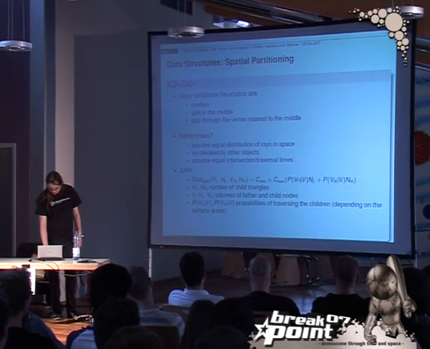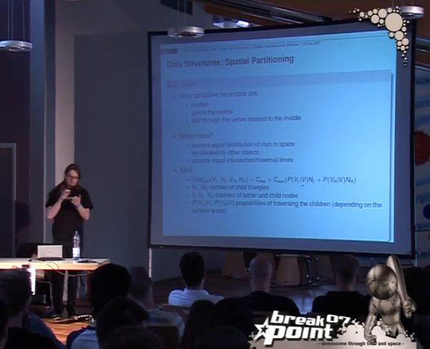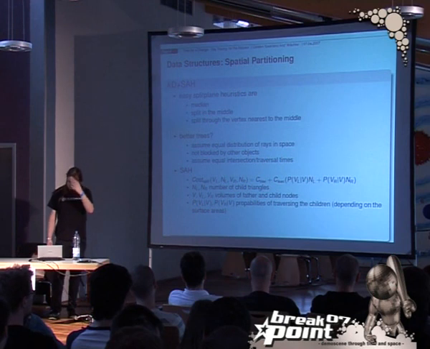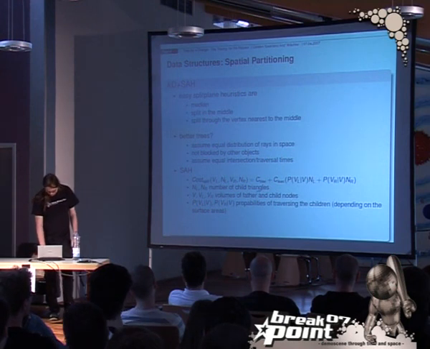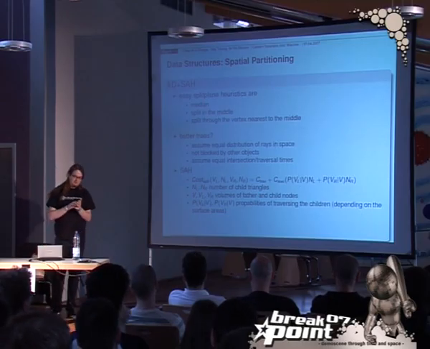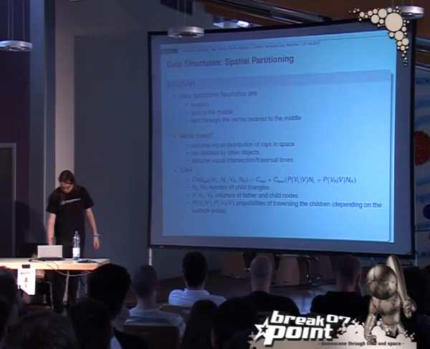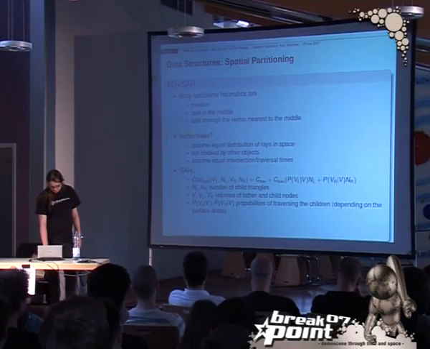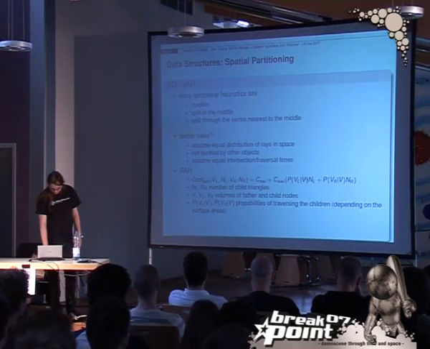We have a probability of a ray hitting this volume or the right one, and this is all depending on the surface area. So that's why the whole heuristic is called the surface area heuristic.